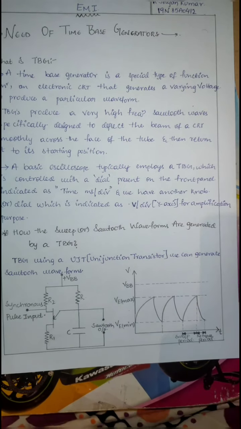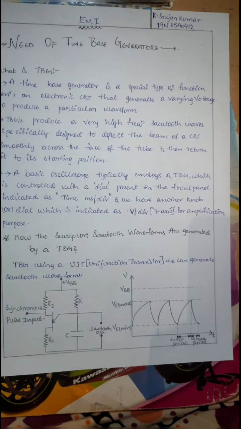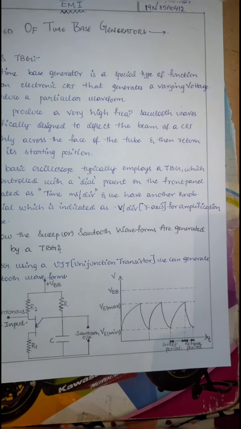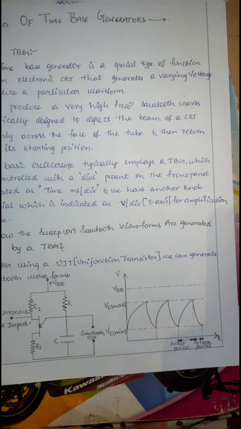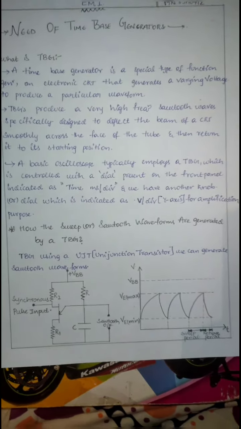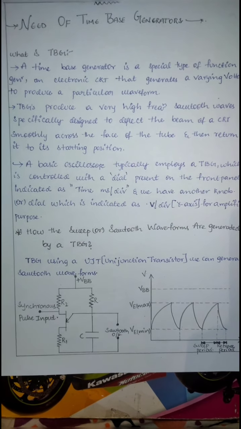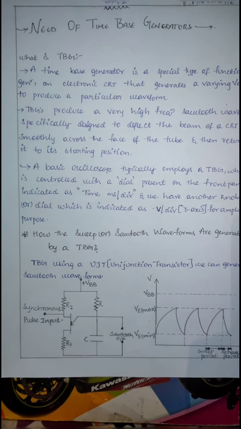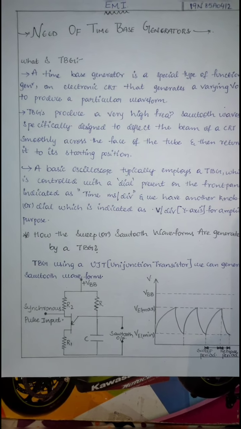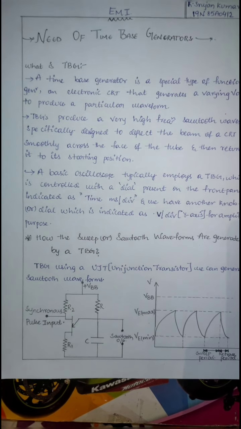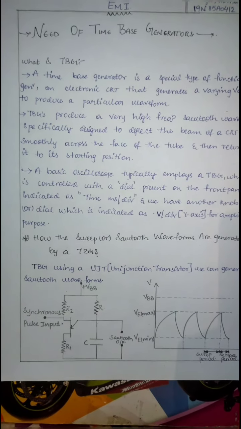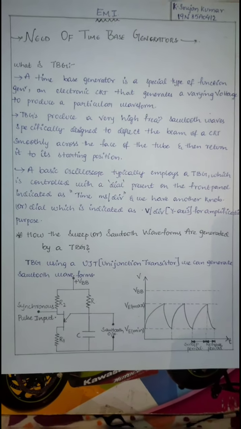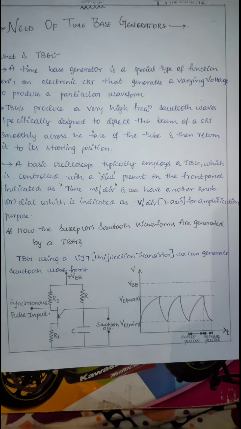If it does not have a fixed velocity, we cannot see the waveform correctly. Unless it has a constant velocity, we cannot see the waveform on the screen clearly. And this deflection of the electron spot should increase linearly to reach the other end of the screen and be able to return to its starting position after the completion of one cycle.